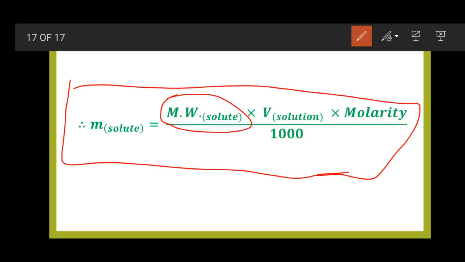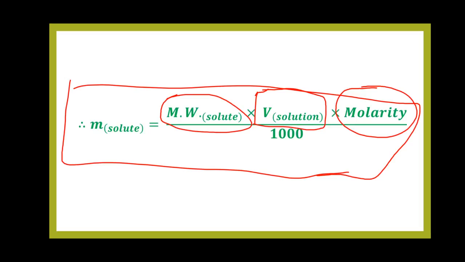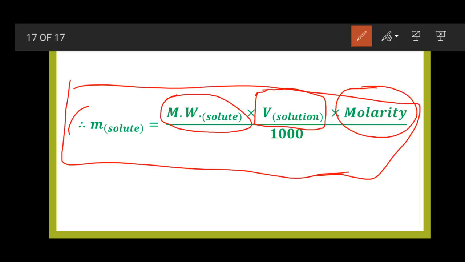We know how much solution we have to prepare, so the volume of solution is also known, right? And we also know which concentration of solution we have to prepare, right? So we can find the mass of solute, right? And from that we can prepare any salt's standard solution having any volume and any concentration, right?